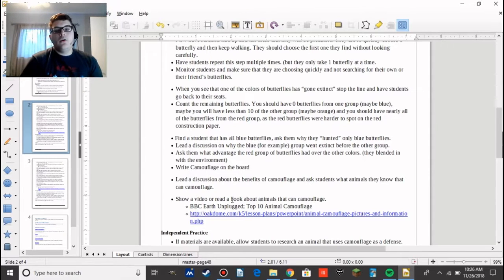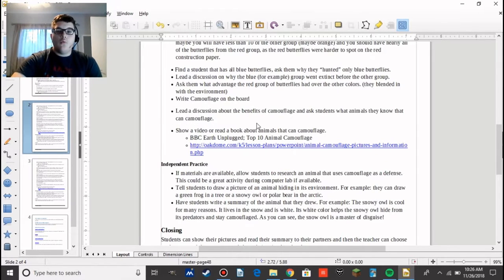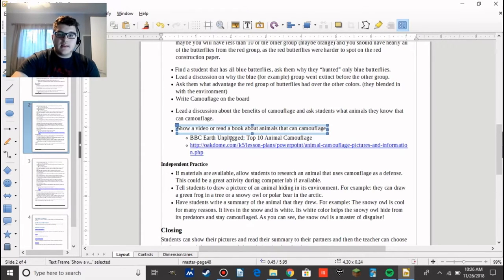You then have to go, and once that's done, the students get to watch a video or read a book about animals that can camouflage. For example, the one shown right here. Show a video or read a book about animals that can camouflage, and the video shown is BBC Earth Unplugged Top 10 Animal Camouflage.